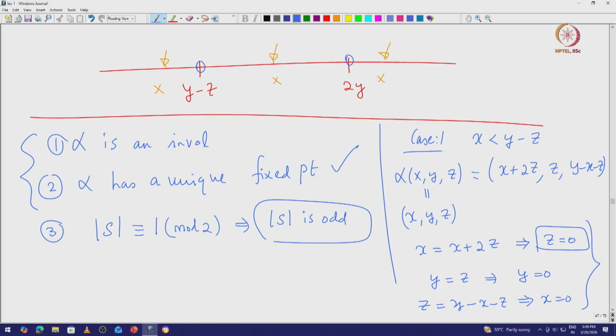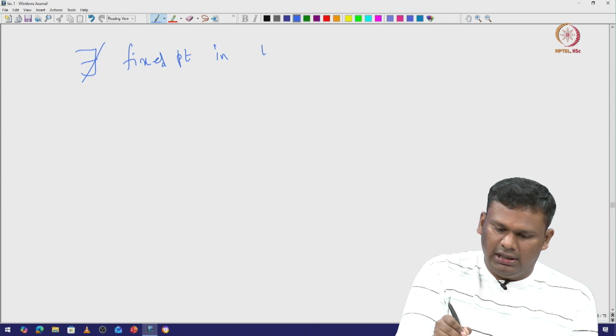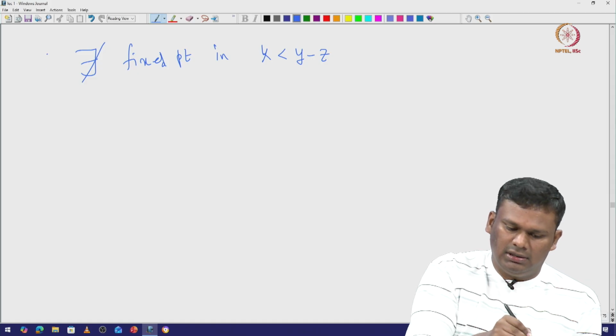So, this gives us a contradiction, because we have that x square plus 4yz is exactly equal to prime p. If all of them are 0, then p becomes 0, which is not correct. So, that means there is no fixed point. So, this discussion says there is no fixed point in this setting x less than y minus z. Okay. So, this is done.